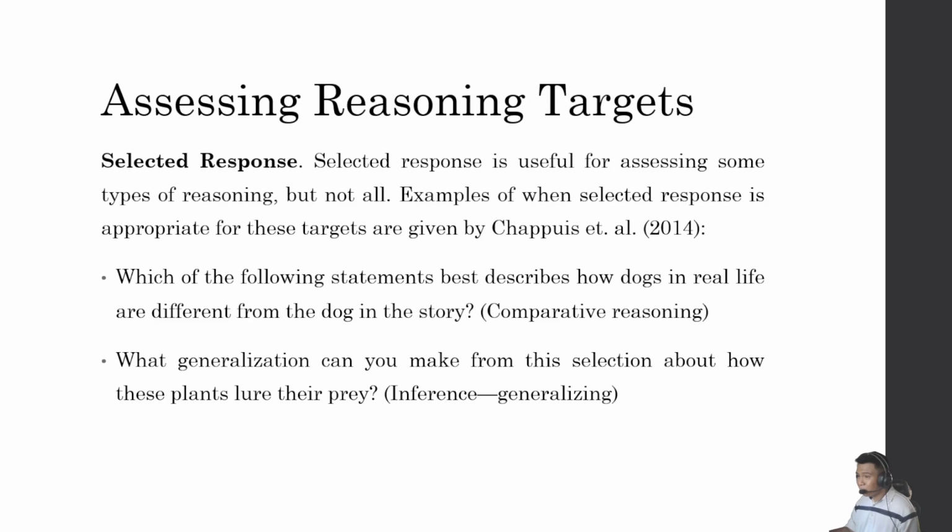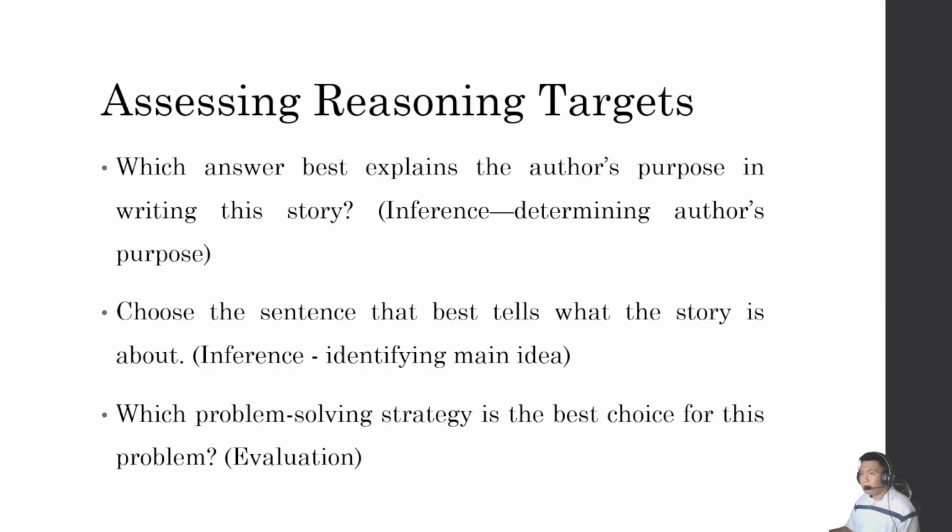Okay? So, reasoning po iyan. Okay? Which answer best explains the author's purpose in writing the story? The author's purpose. Okay? So, this is basically also another example of inference. Choose the sentence that best tells the story, or that best tells what the story is about.